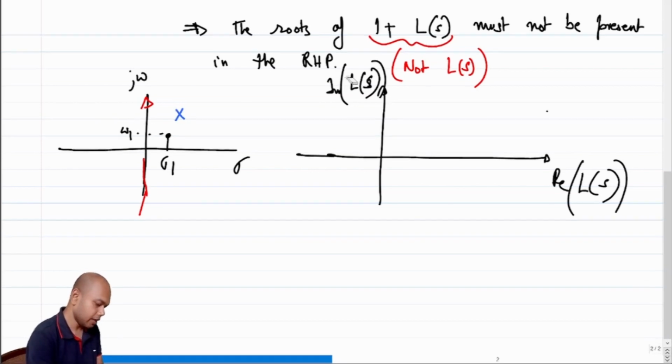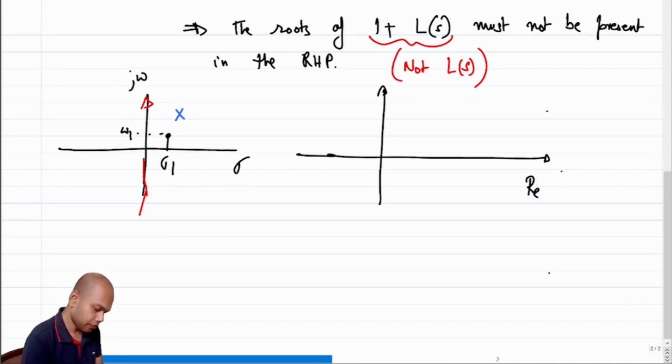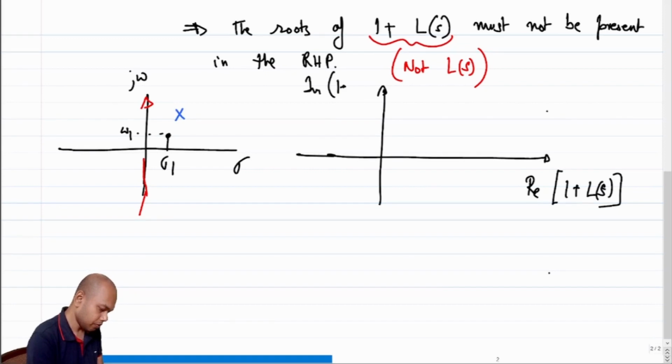Or let's take a step back and say that this is the real of 1 plus L of s, and this is the imaginary of 1 plus L of s.